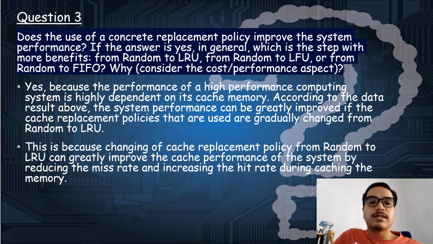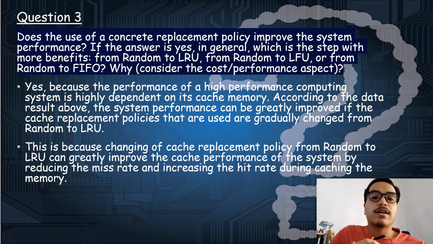Okay, the answer is yes, because the performance of a high performance computing system is highly dependent on its cache memory. According to the data result above, the system performance can be greatly improved if the cache replacement policies that are used are gradually changed from random to LRU.